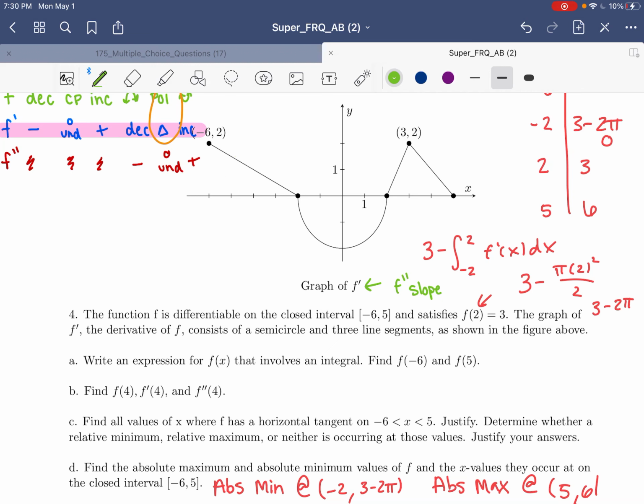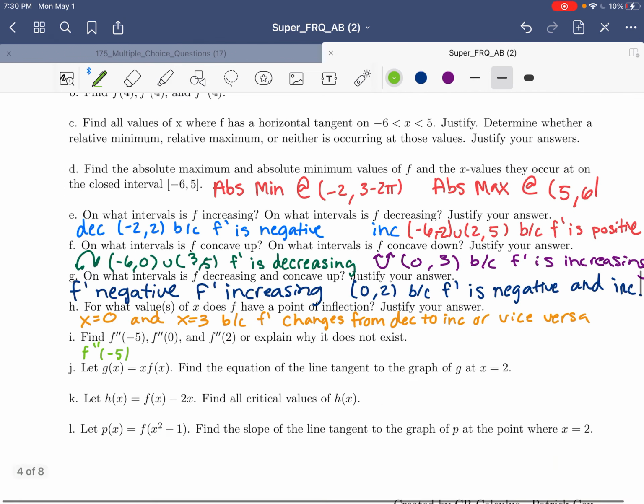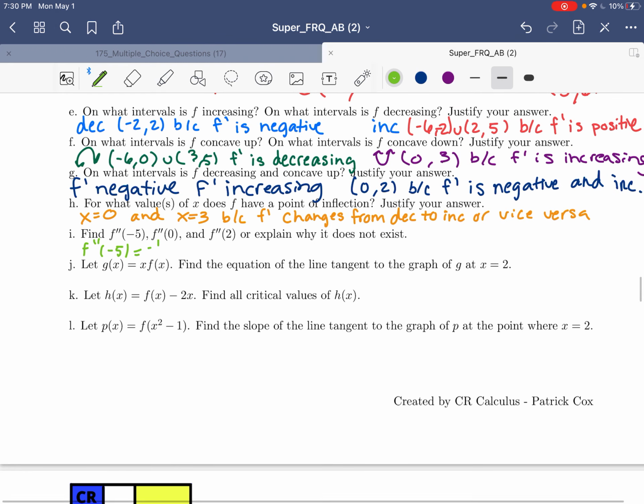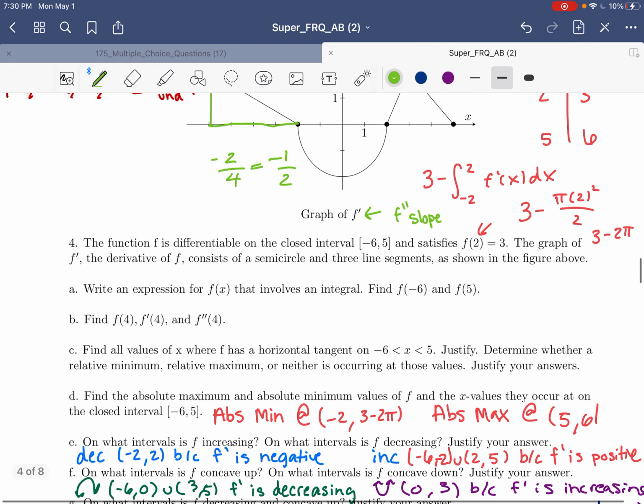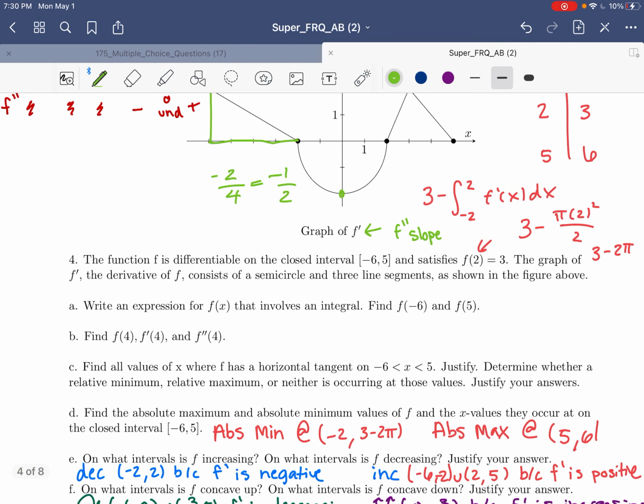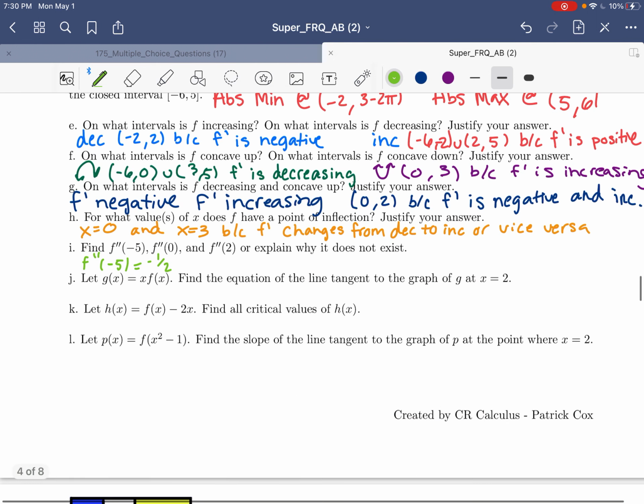Let's just do a slope formula here. The slope of this line is down 2 over 4, so negative 2/4, which equals negative 1/2. So f double prime equals negative 1/2. Then I have f double prime at 0. I know this is a horizontal tangent line because it has a 0 slope. That means f double prime of 0 equals 0.